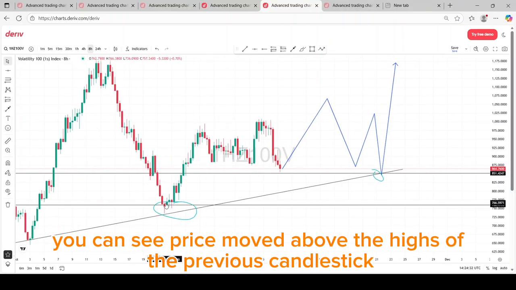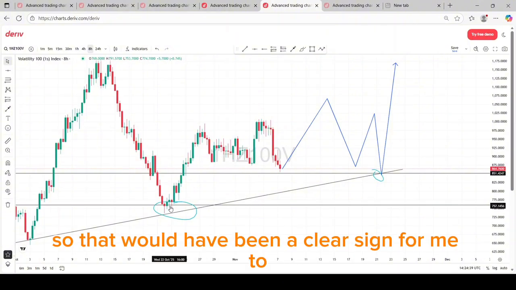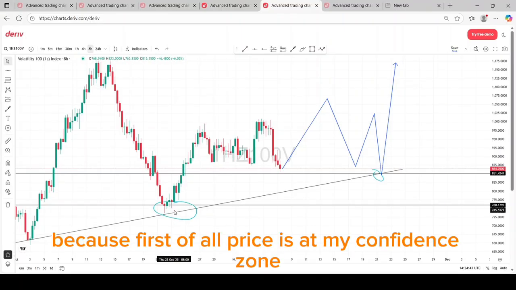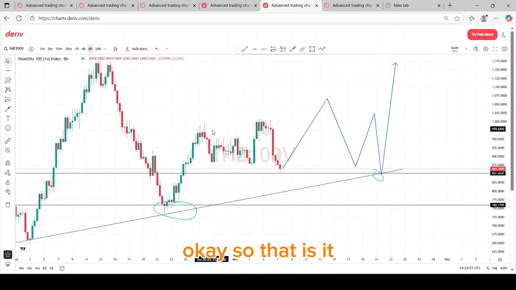You can see price moved above the highs of the previous candlestick and then closed bullish above that level. So that would have been a clear sign for me to long this market at this level, because first of all, price is at my confluence zone. Secondly, I've seen price action that aligns with my decision to buy. Okay, so that is it.